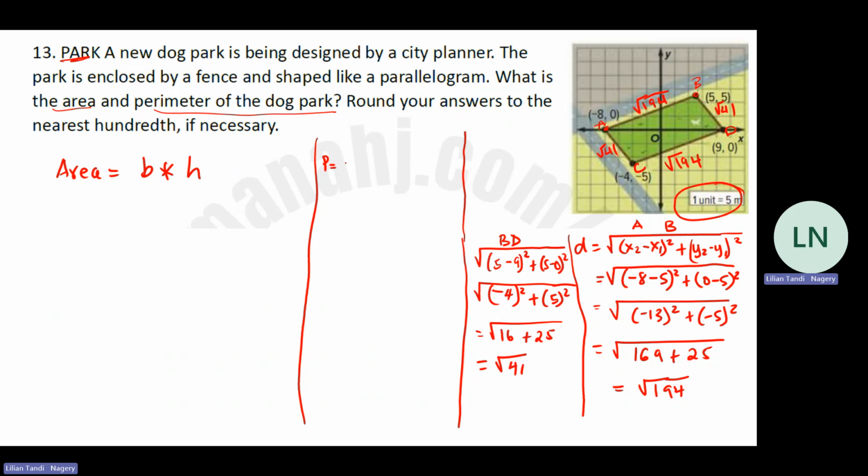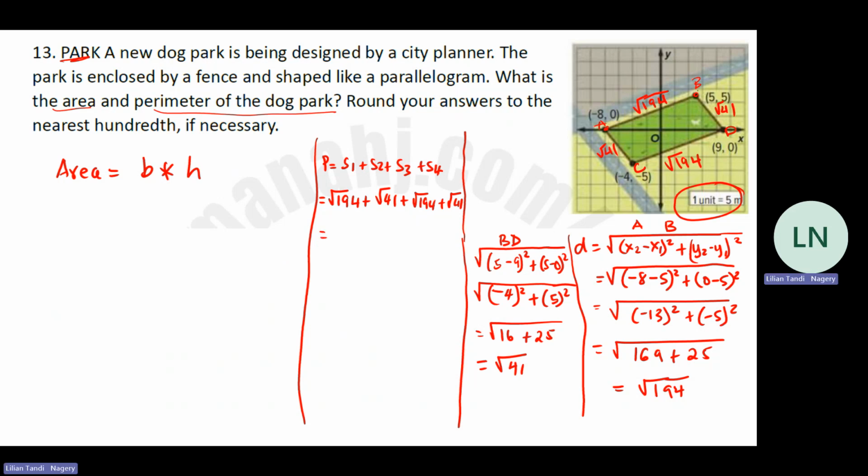Perimeter equals side 1 plus side 2 plus side 3 plus side 4. Square root of 194 plus square root of 41 plus square root of 194 plus square root of 41.